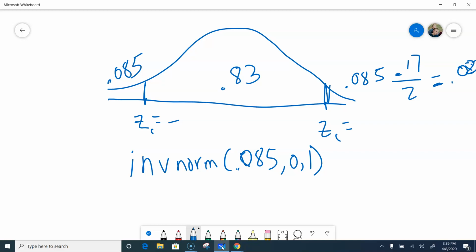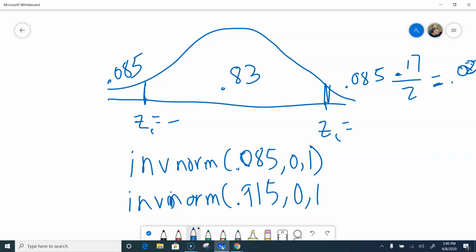Or if I just simply add the 0.085 to the 0.83, right? If I wanted to find this z critical, I would have inverse norm, and that would be 0.915, and then a mean of 0 and a standard deviation of 1. They should both give me the same number, right?